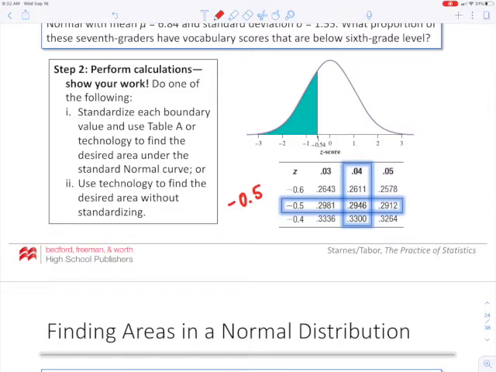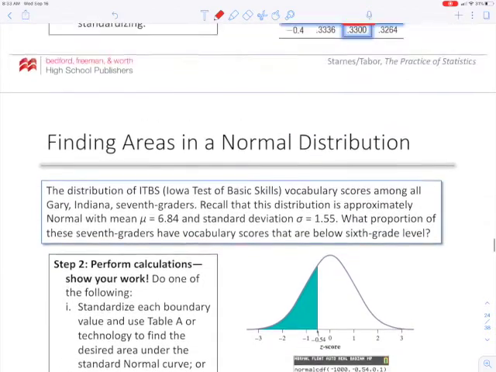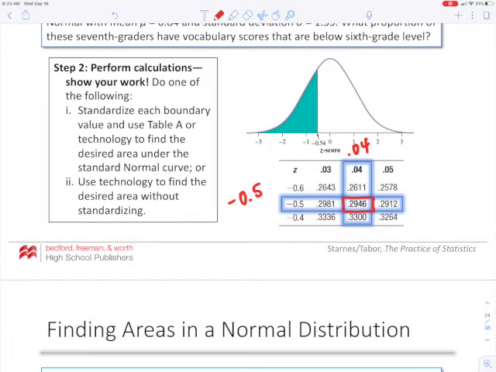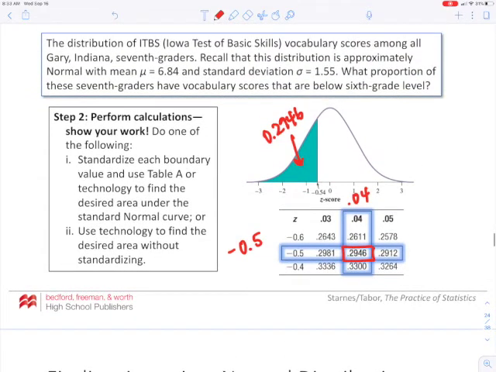And then we went across that row and we found the column that had our hundredths place. Now you see the overlap. That value represents the proportion that are below 6th grade reading vocabulary level. So that's how you use your table.